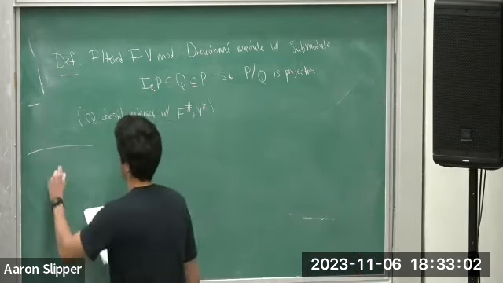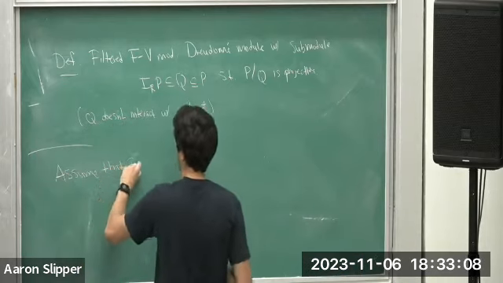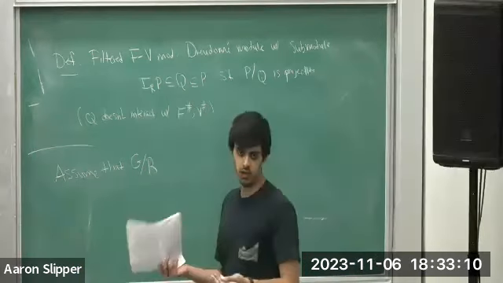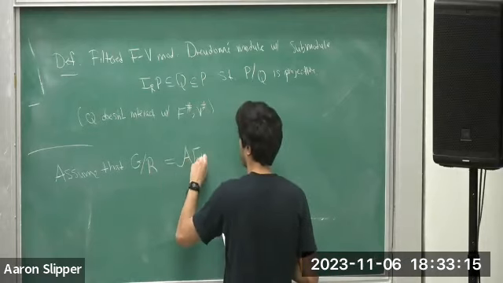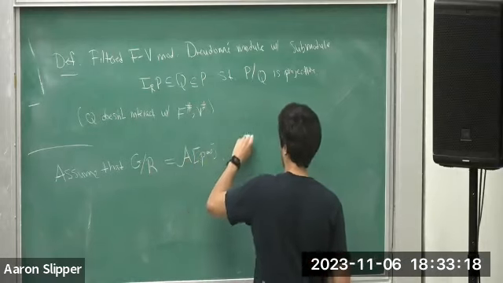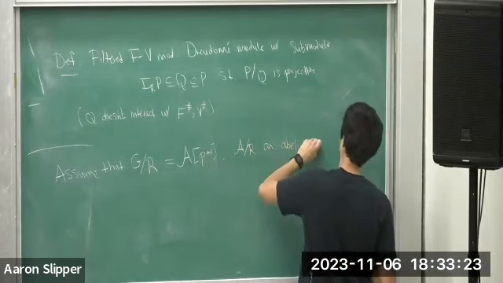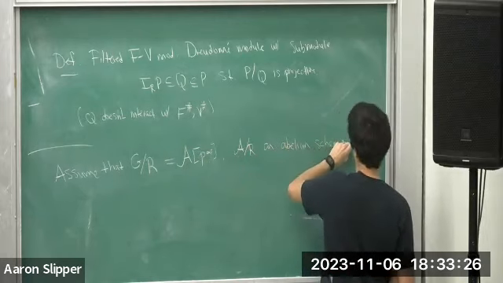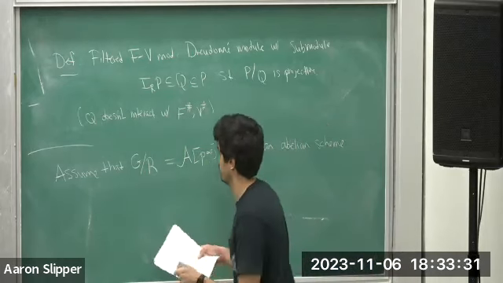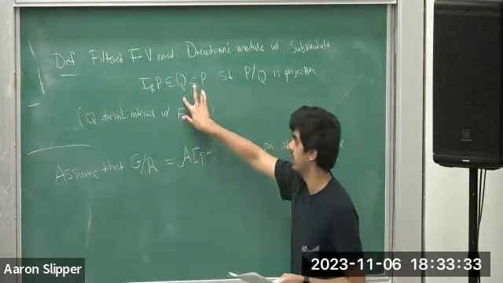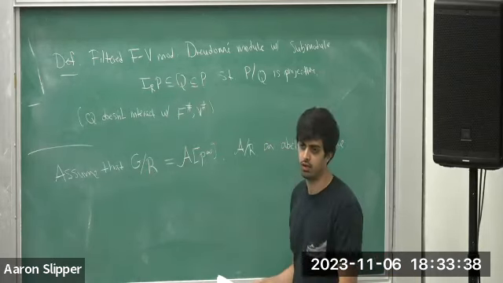So let's assume now that T over R, our p-divisible group, is the p-divisible group of an abelian scheme. Then the idea is that we can just use crystalline cohomology to come up with our P, and then as Sasha mentioned earlier, Q will come by lifting the Hodge filtration on Dieudonné cohomology.